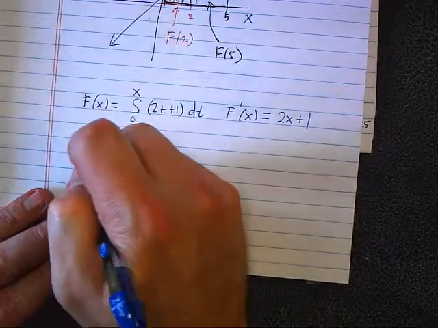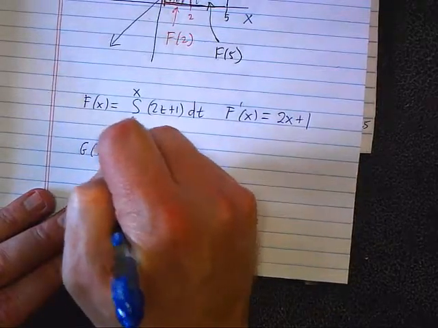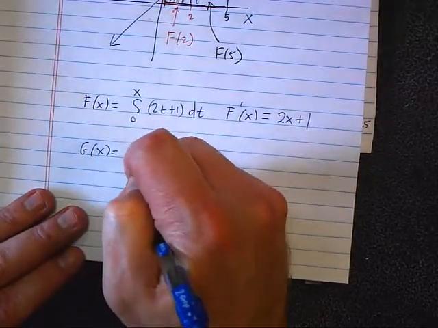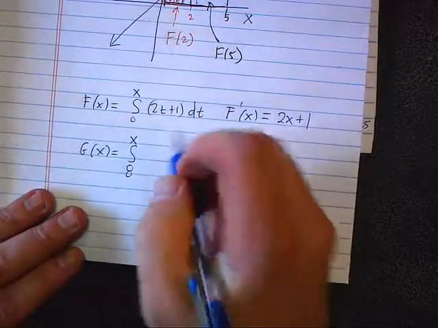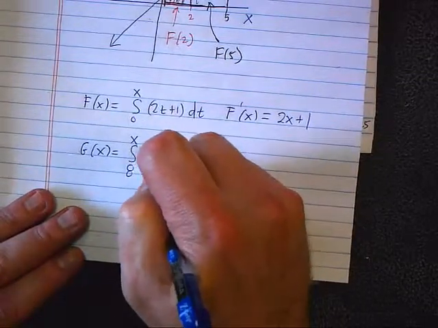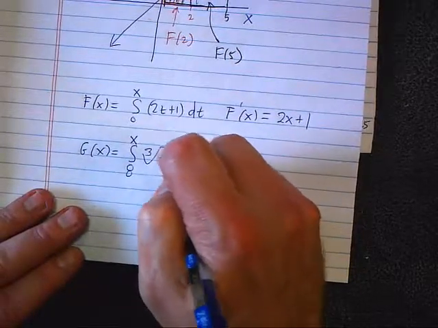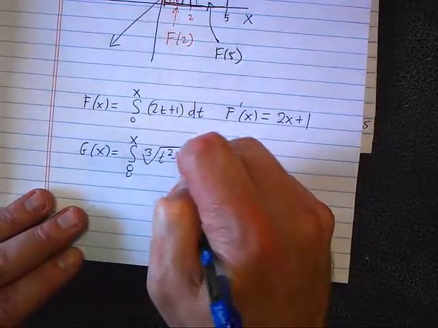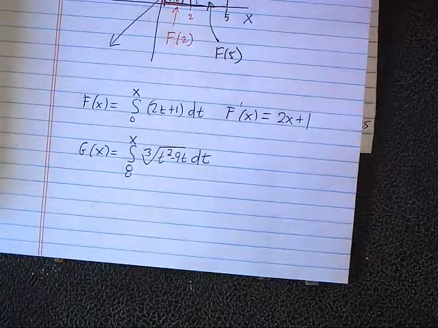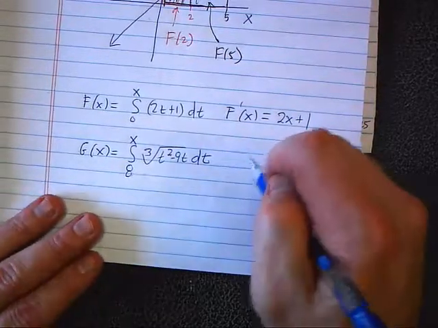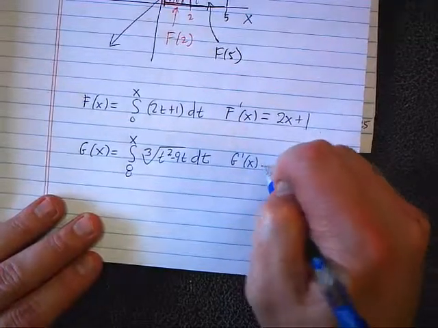Yeah. All right, so these are simple problems. You hope you get a lot of these on the test. G of x is the integral from 8 to x of the cube root of t squared minus 9t dt. I want to know g prime of x.